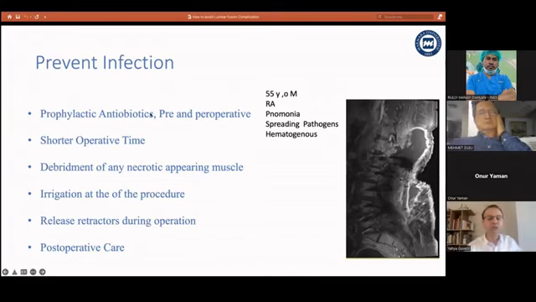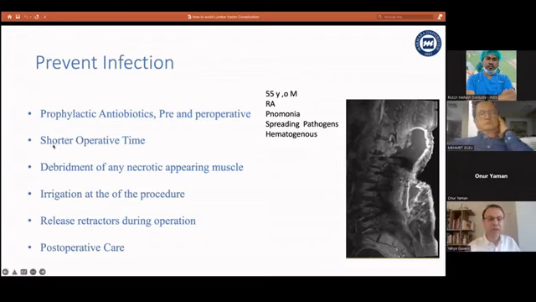So how can we prevent infections? We use prophylactic antibiotics pre- and per-operatively. If the operation time is long, we add new antibiotics during the operation, and sometimes we put antibiotics on the screws.